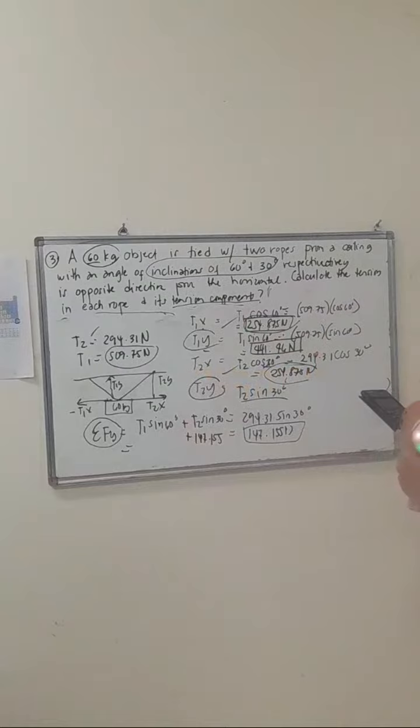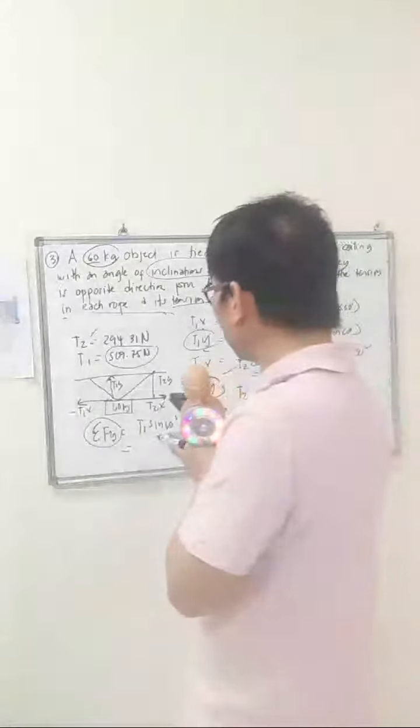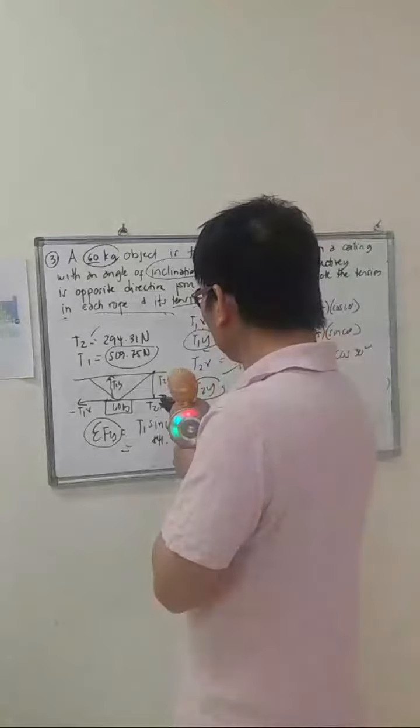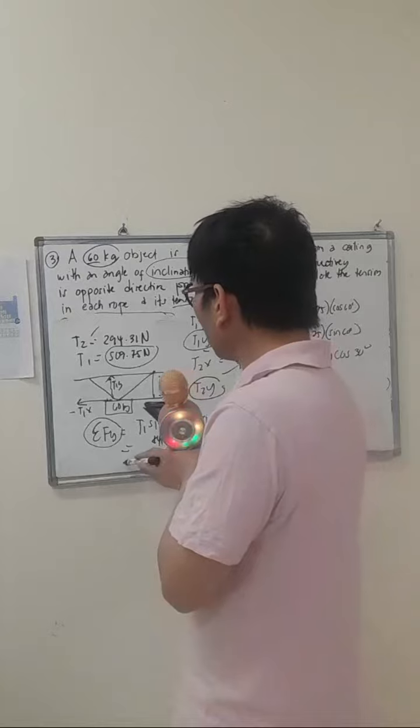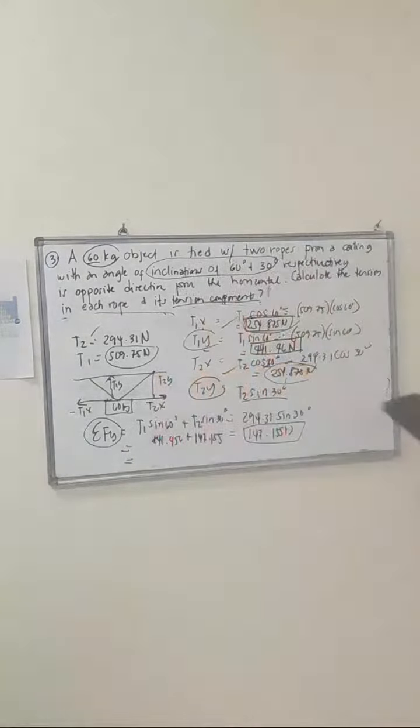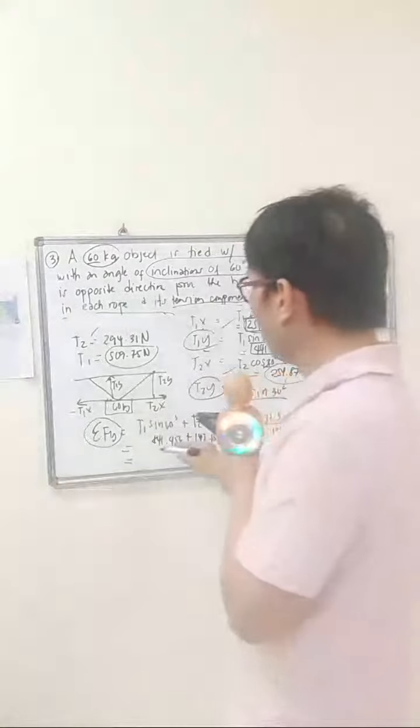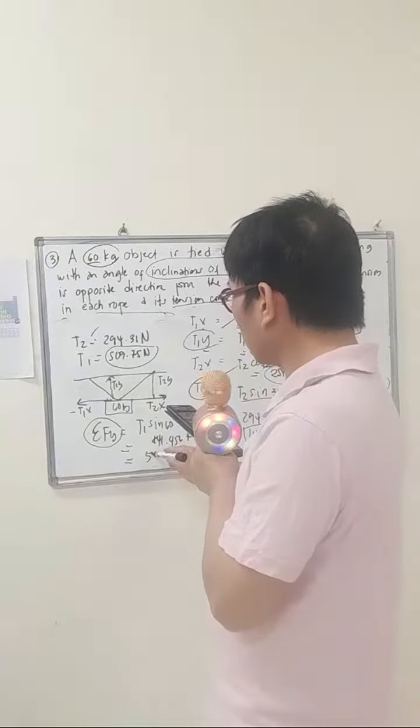All are positive. Then T1, which is 509.75 times sine 60, is equal to 441.456. So the vertical forces from tension 1 and tension 2, plus 147.155, is equal to 588.611.